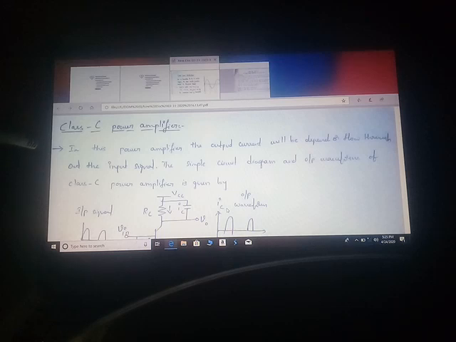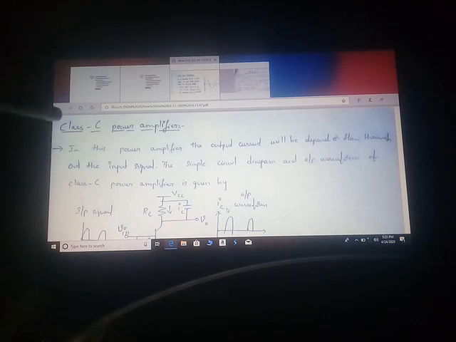That is one reason. The second reason is that the class A power amplifier is used for small signal processing, as in the first and second units where we discussed BJTs, the NPN and PNP transistors, for AC analysis. And the class AB power amplifier is used for large signals and also for small signals.